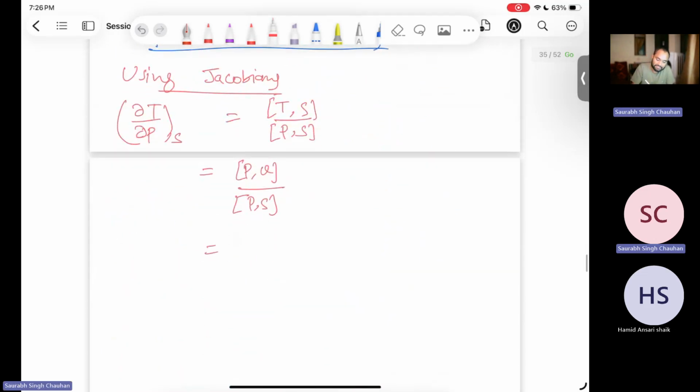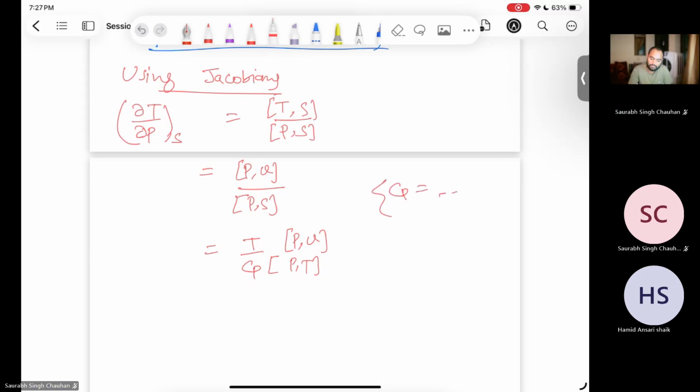So can we write this as T by Cp and P comma T, and this was already there, P comma V? Is it okay? We have used the expression for Cp in terms of Jacobian, so we got the same.